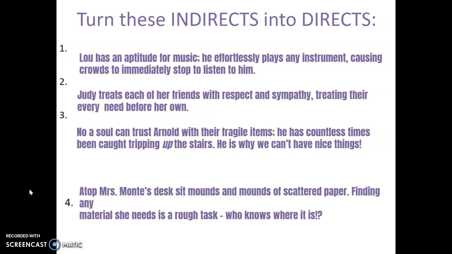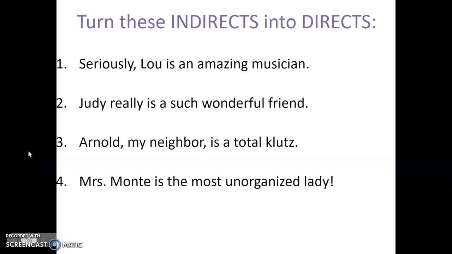So you may just take what it says in the text and tell me the type of character it is versus these examples, which is showing me. So you might have written something like, Lou is an amazing musician, or Judy really is such a wonderful friend, or Arnold is a total klutz, or Mrs. Monte is the most unorganized lady. Notice how it's so much more direct, it's so much more succinct or simple, and the author comes right out and just tells us. So we tried to go both ways to look at the 2 examples.